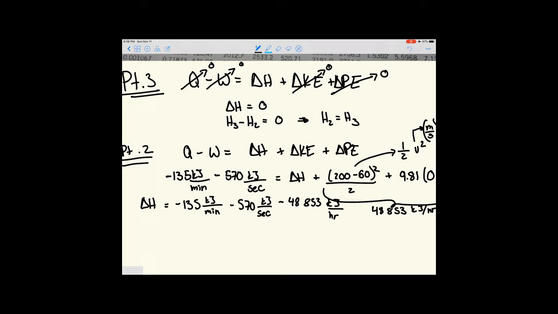So we need these in kilojoules per kilogram. In order to do this, we convert using the kilograms of water vapor per hour that the system takes, along with a simple time conversion. And it looks as follows.